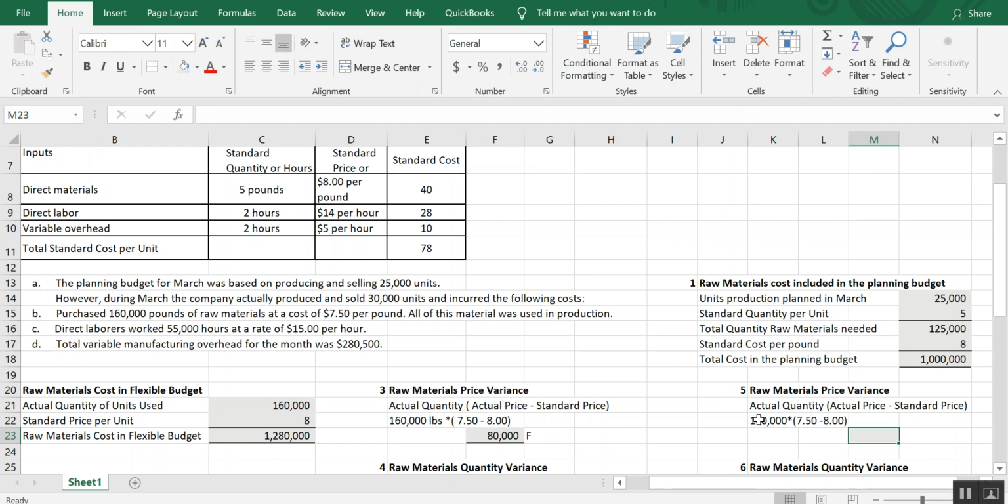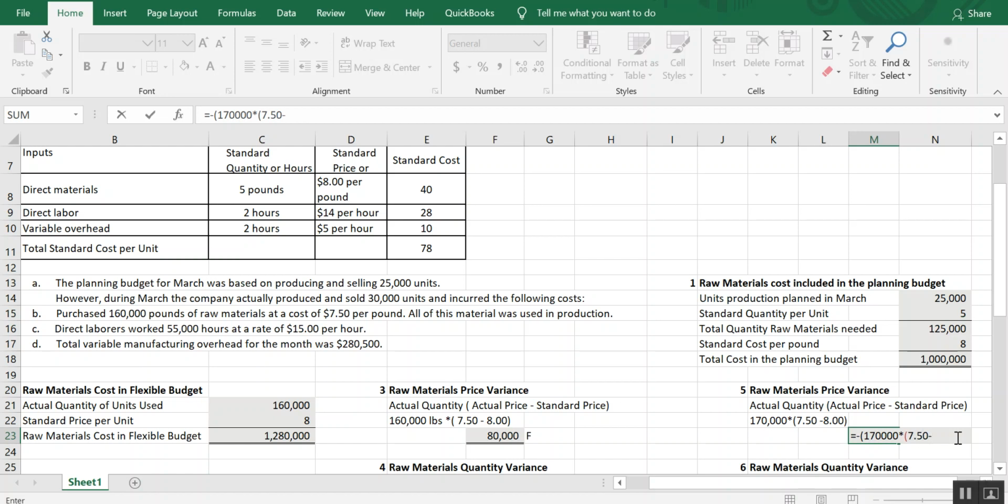Well, if they did that, we would have the actual quantity that we purchased times the price that we actually paid minus the standard price. So we're just going to alter the calculation a little bit. We'll say instead of 160,000, 170,000 that we purchased. This doesn't mean we used it all. It just means that we purchased it at this rate.